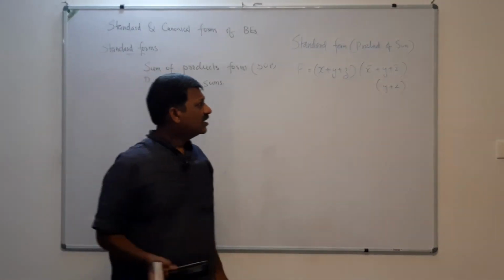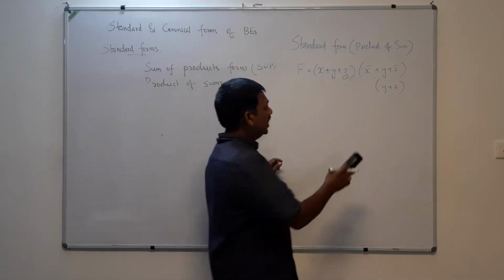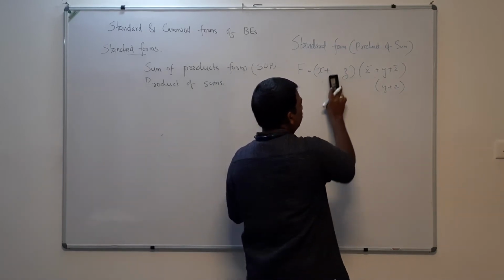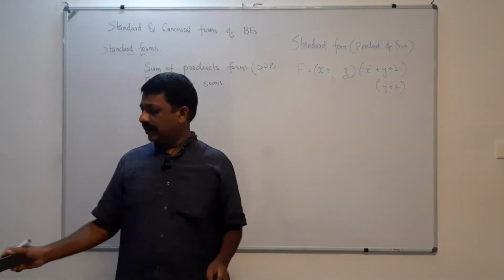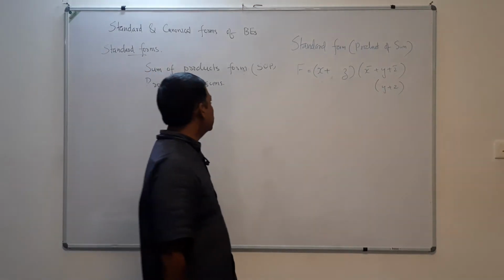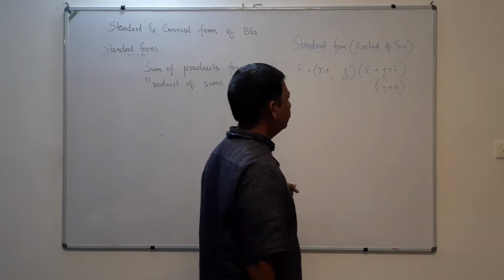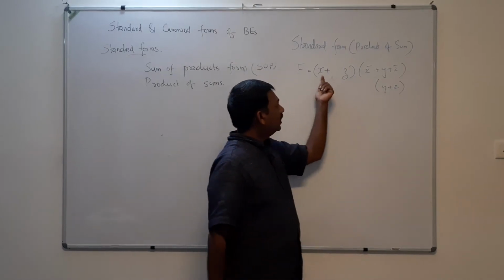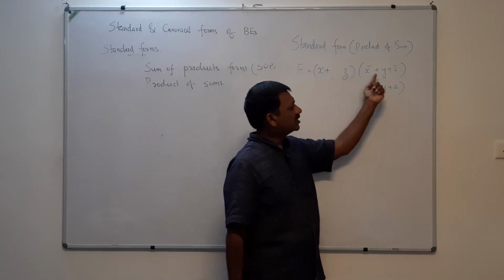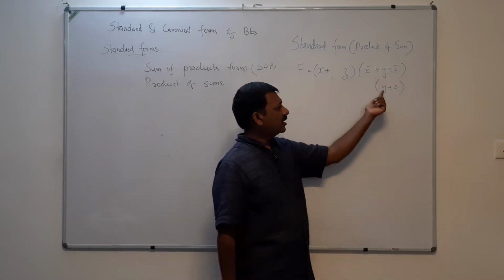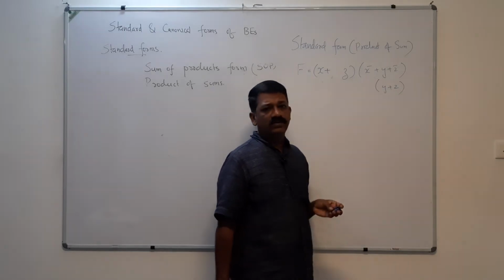And when you are talking about the standard form of product of sums, just like our previous example where we discussed sum of products, here you have the terms x and z, here you have x bar, y and z bar, and here you have y and z.